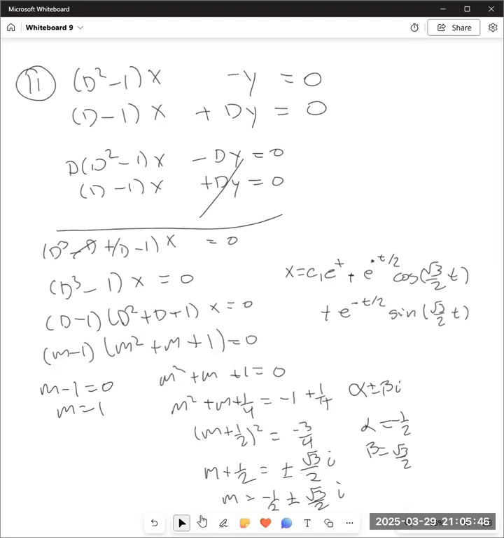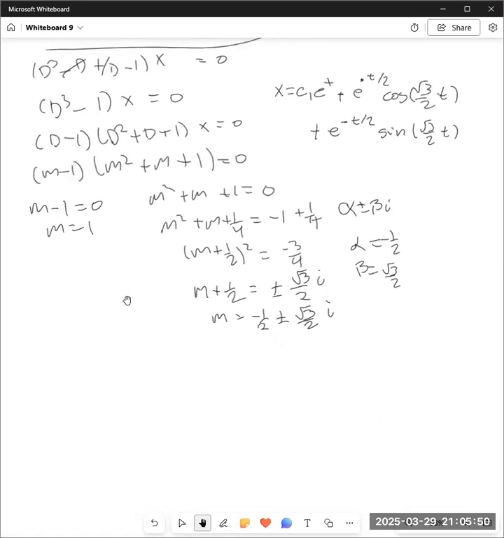I'm probably just going to rewrite that here in a second. x equals c1 e to the t plus e to the negative t over 2 times c1 cosine root 3 over 2 t plus c2 sine.